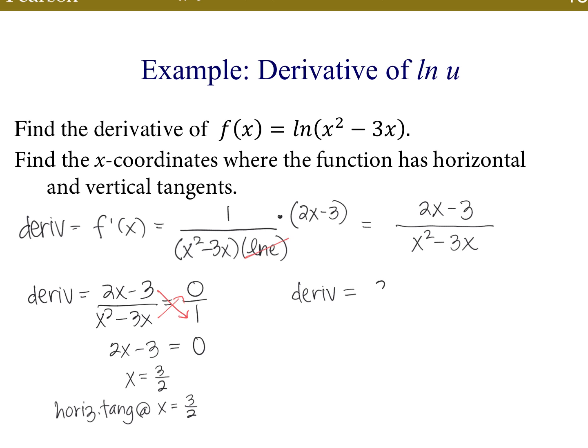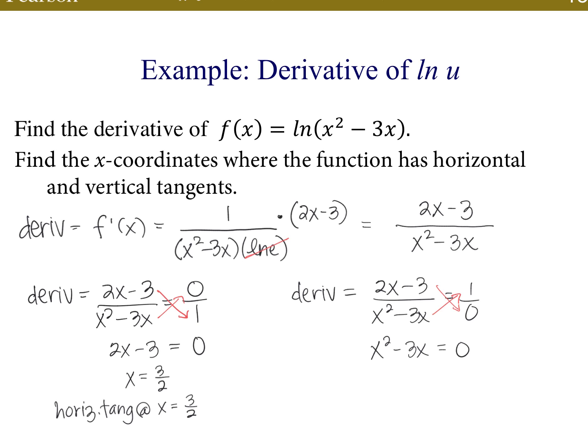So we'll go back and take our same slope, and this time we'll set it equal to 1 over 0, and we'll do a different kind of cross multiplication. This time we will get x squared minus 3x equals 0. And because it has a square, how many answers will there be? There should be 2.